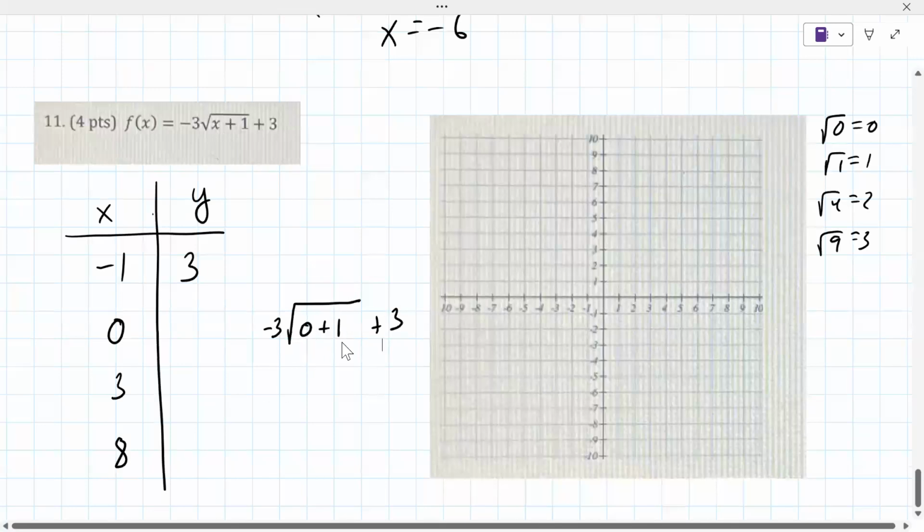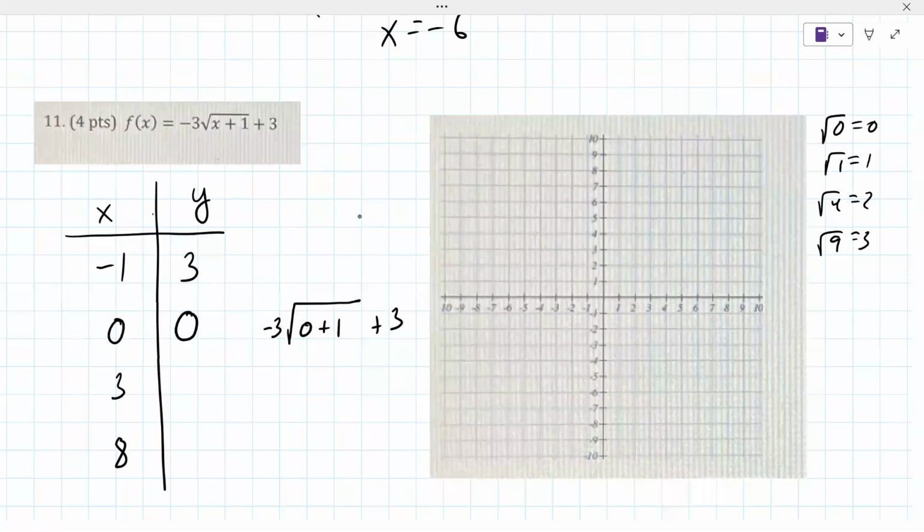What is 0 plus 1? 1. Square root of 1 is 1. We can see that over here. -3 times 1 is -3. Then plus the 3 gets you to 0.